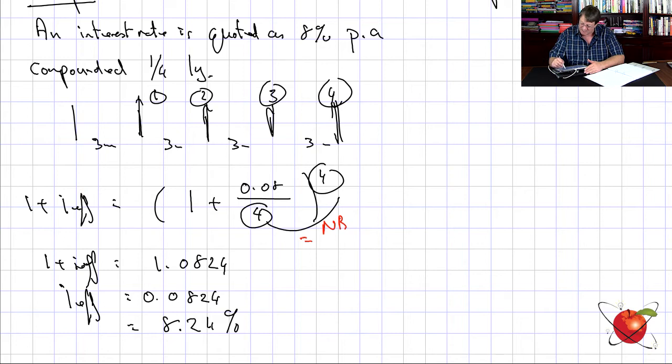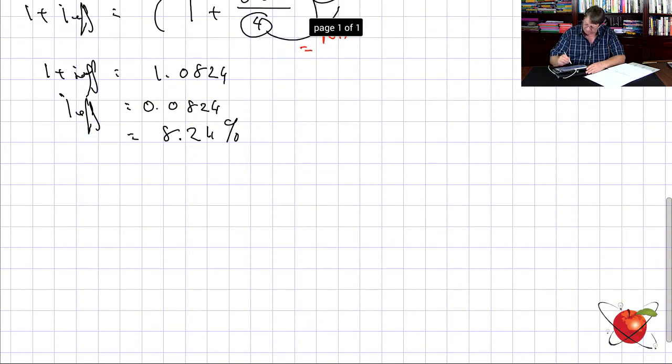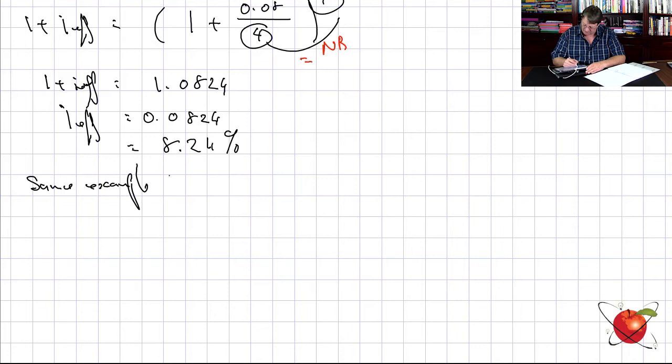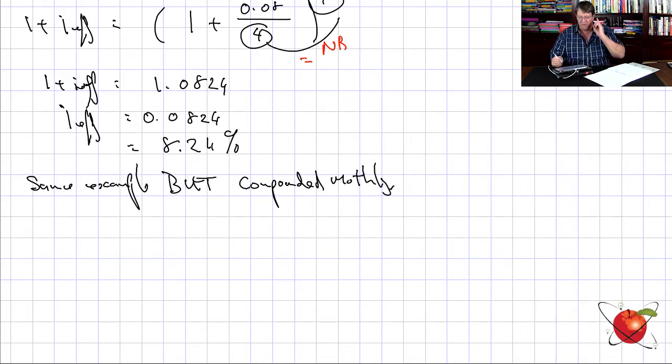Let's do the same example, but compounded monthly. What does it mean? Compounded monthly. Well, this is maths, not English, but it's still going to be right. Compounded monthly, hang on, what does that mean?